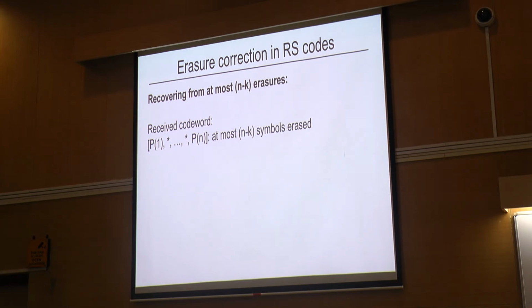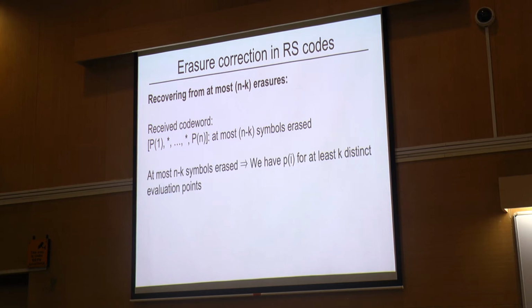So you will have at least k of these evaluations of this polynomial. What was the degree of this polynomial? K minus 1, right? And we'll have at least k evaluations.